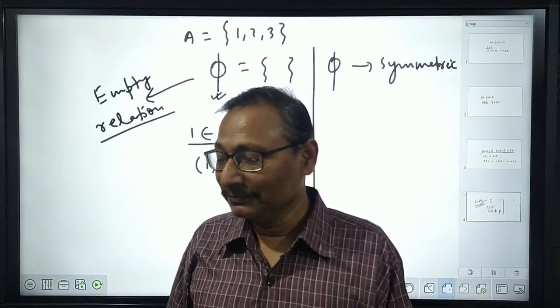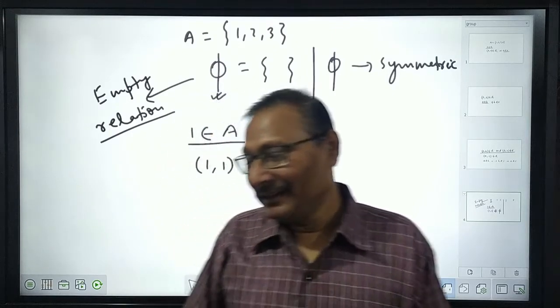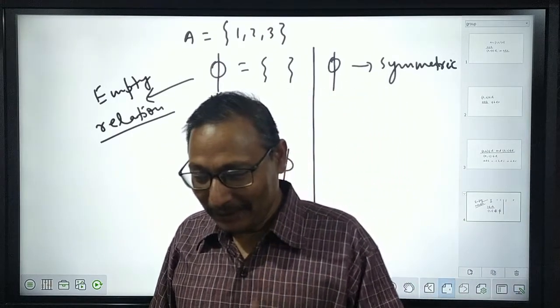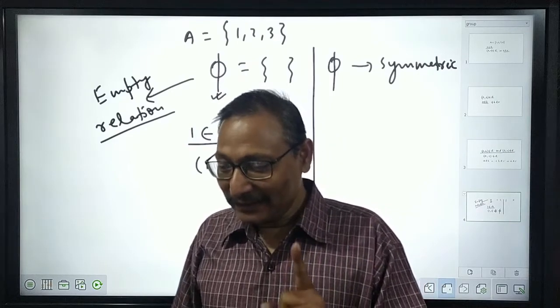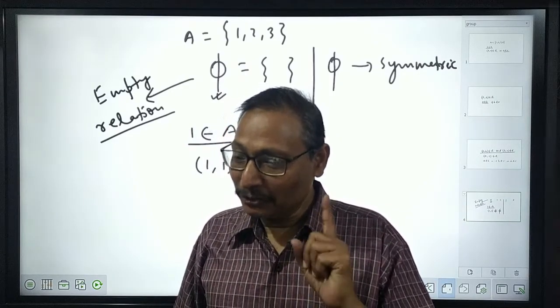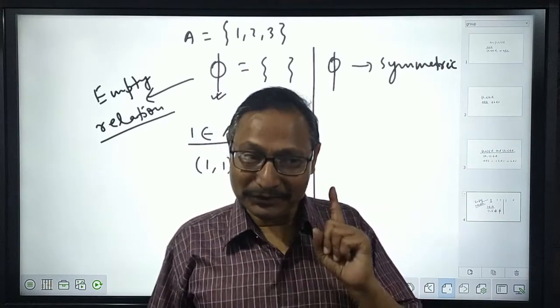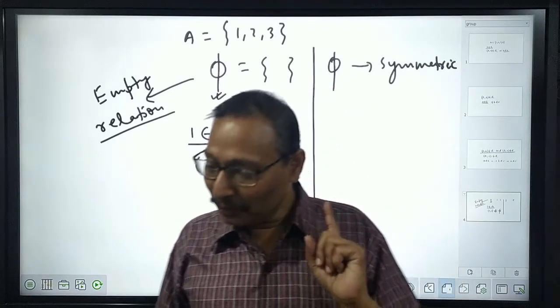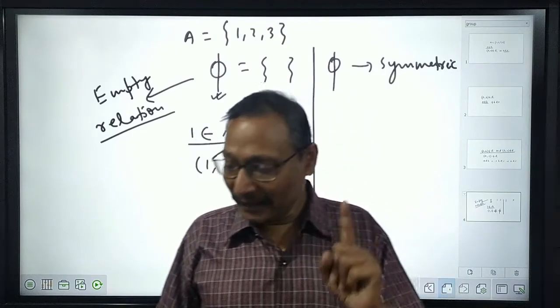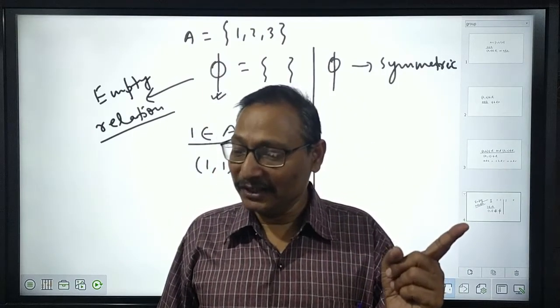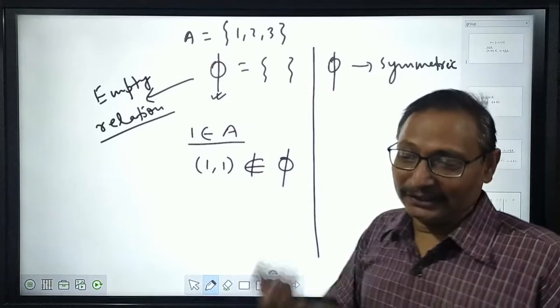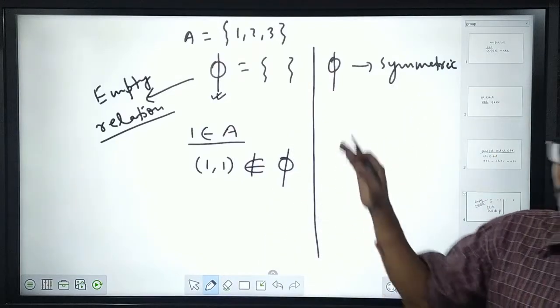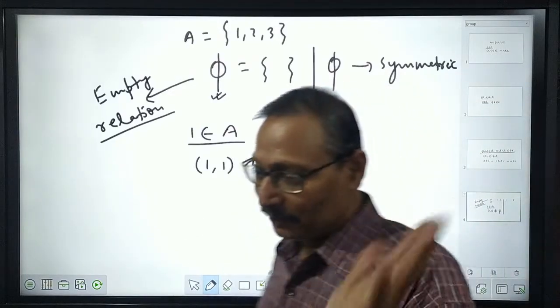You cannot take. Again, I am repeating my statement. To check reflexivity, you are to pick an element from the given set. And to check symmetricity, you are to pick a pair, an element from the given relation. But you cannot pick any element from the given relation because this null relation contains no element.